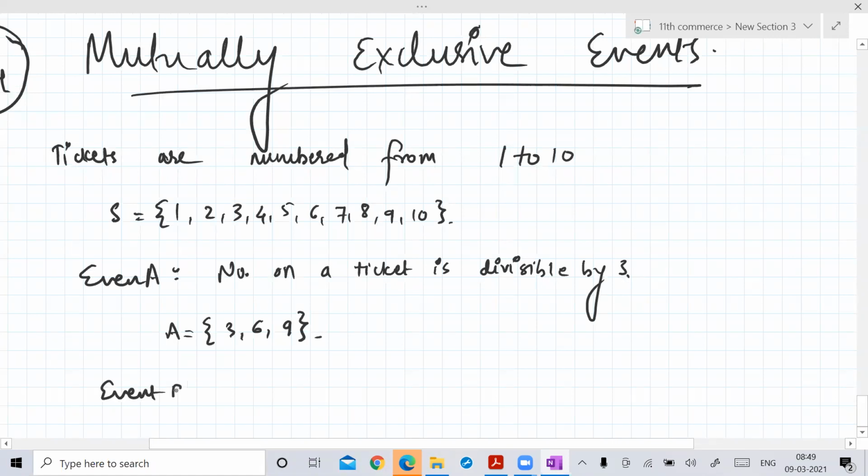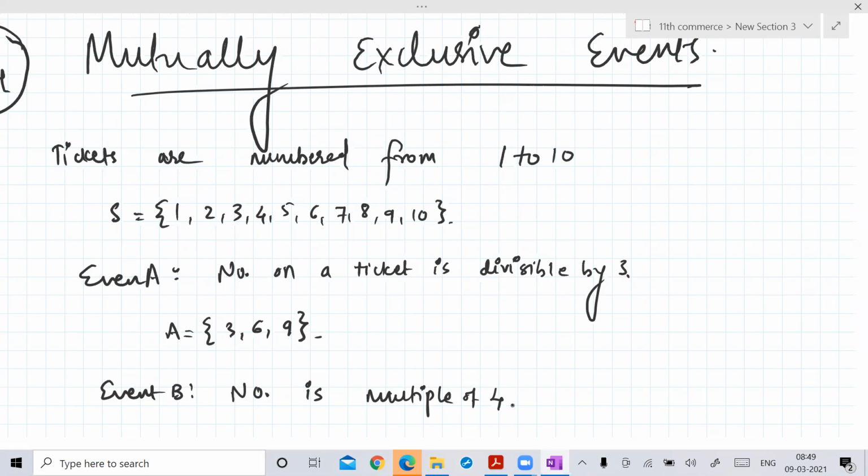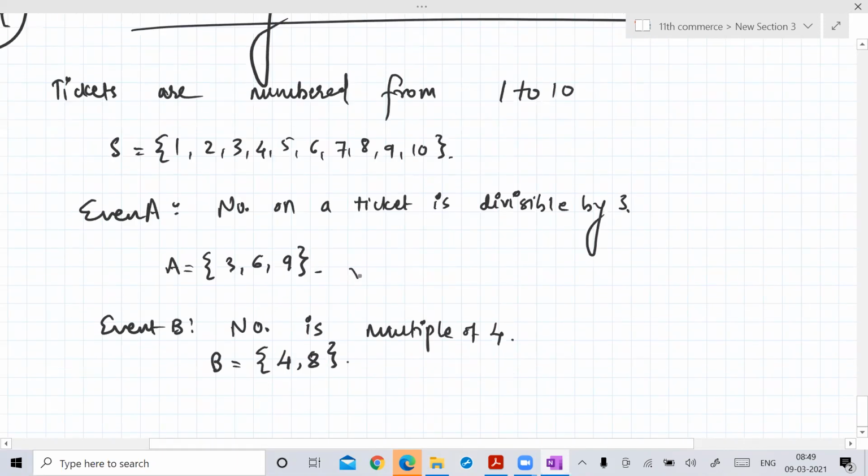Event B: the number is a multiple of 4. So what will come in it? What are the elements? 4, 8. Now tell me, is there anything common in these two?